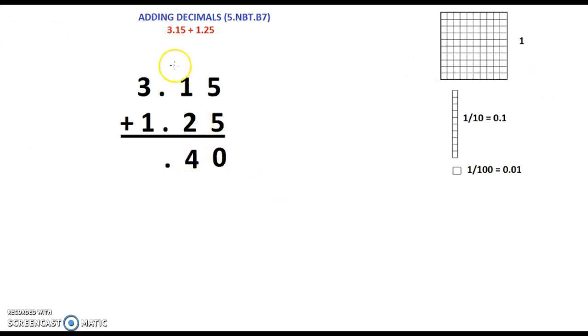Now I just want to carry the 1 up here, because technically what we exchanged it for was 1/10, and we had 0 hundredths. That's why that works. And then we added our whole pieces together, and I had 4 wholes. So once again, I can see that when I add 3 and 15/100ths plus 1 and 25/100ths, I get a sum of 4 and 4/10.